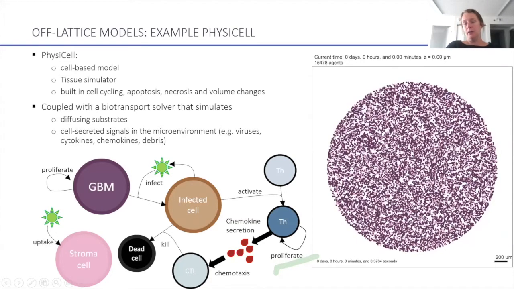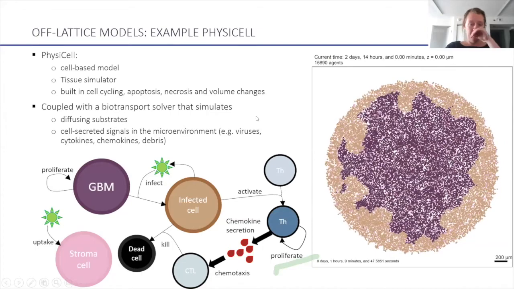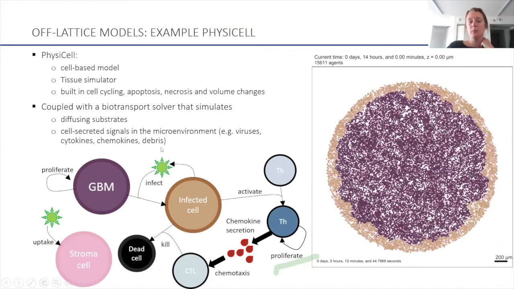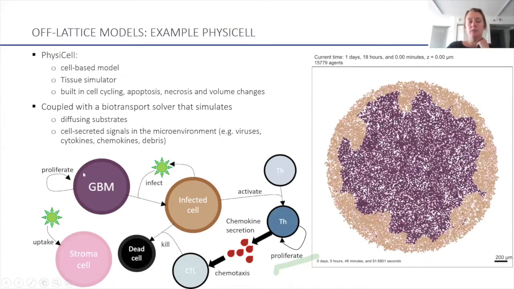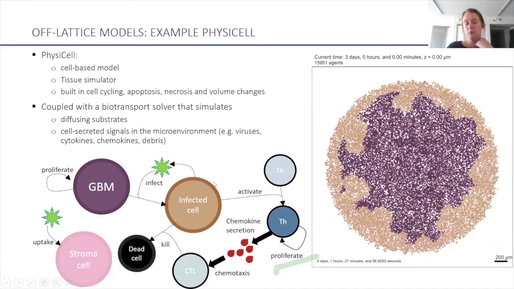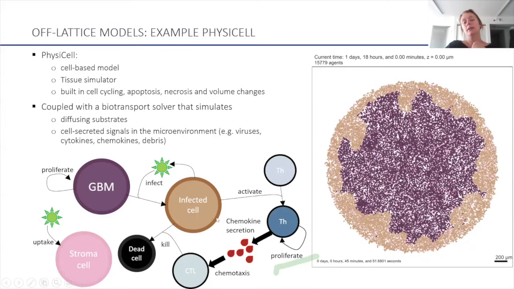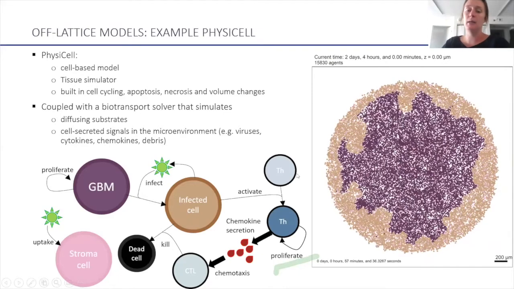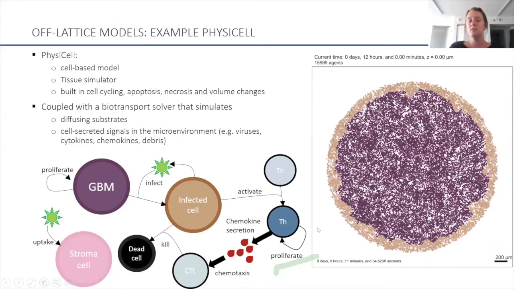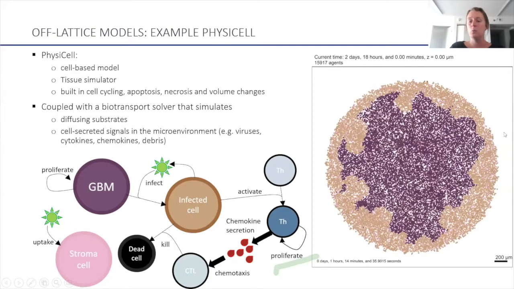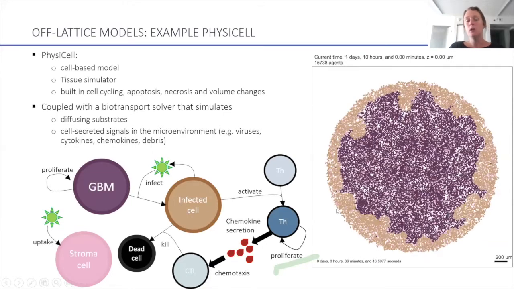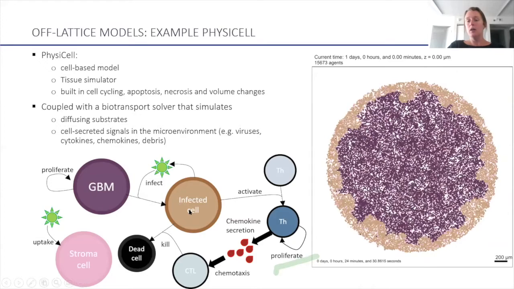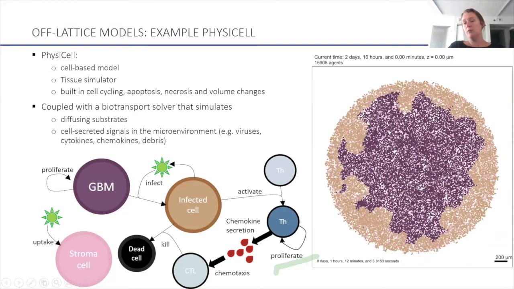And so there we go. So basically what happens, like I mentioned before, is viruses infect the GBM cells and turn them into brown cells. And this cell then causes an immune response, which I haven't really spoken about a lot before, but if you're interested, basically we consider that there's T helper cells and CD8 cells that are within the tissue and contributing to infected cell clearance. And so you can see in animation here, the virus is infiltrating.